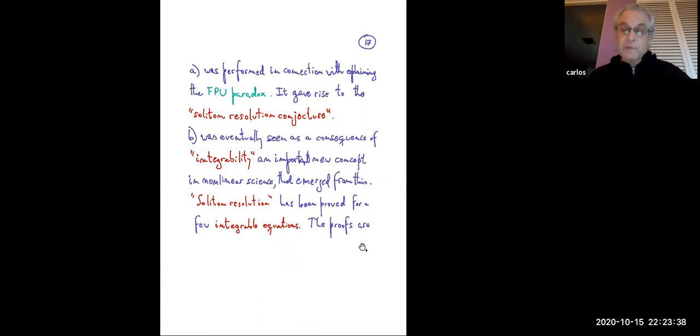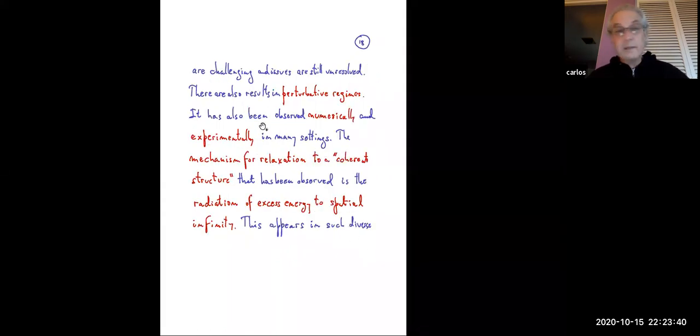Nevertheless, the proofs in the integrable case are still very challenging, and there are issues that have not been resolved yet, even in the integrable cases. There are many results also in perturbative regimes, let's say near a traveling wave solution for many different problems.